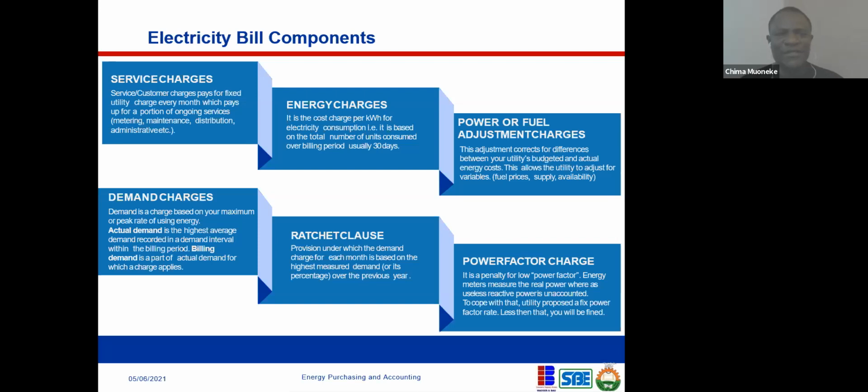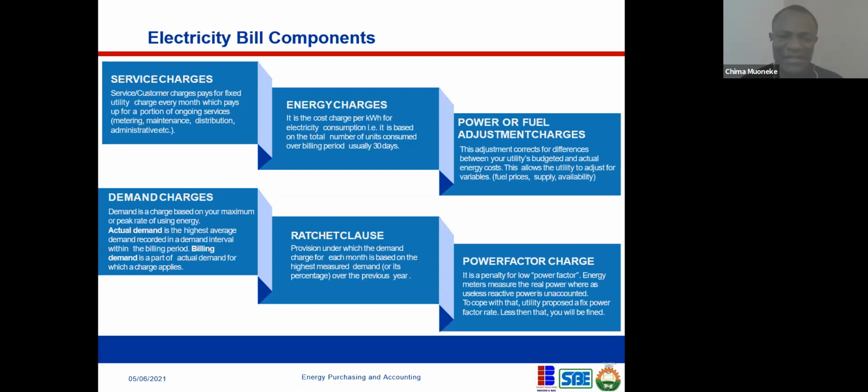The service charge is more like the recurring expenses for maintaining the power stations and making the electricity available to you whenever you need it. You're talking about maybe maintenance, metering costs, administrative charges. All of these are what make up your service charge.